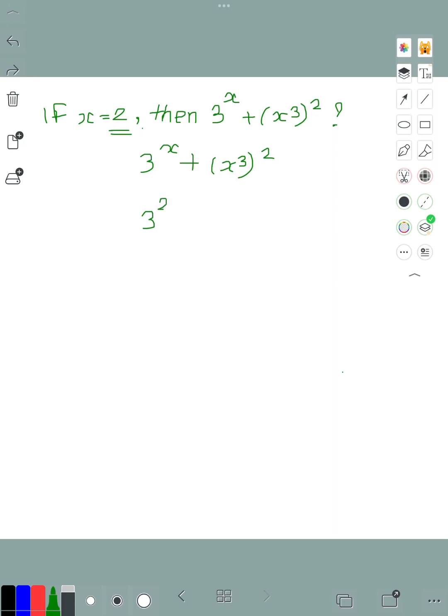So by substituting it by 2, we get 3 to the power 2, because there is a 3 to the x, plus x, that means 2 to the power 3 to the whole square, right? So every variable of x we just have to substitute by 2. So by just simplifying it, we get our last answer as 73, right?